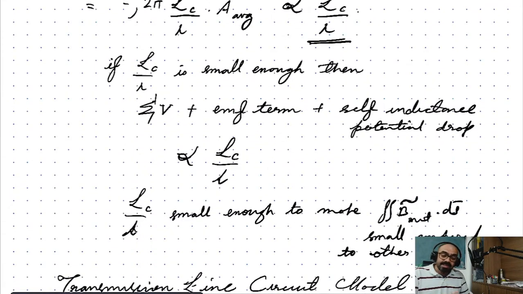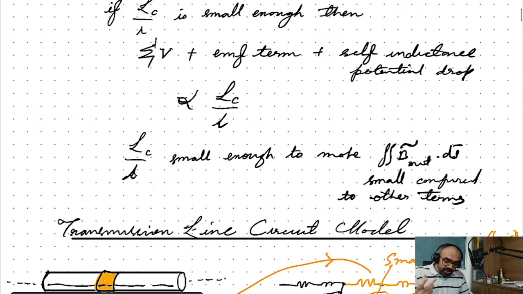If you manage to make the circumference of the loop small enough so that LC by lambda into the A average, that entire term becomes smaller than the individual terms in your voltage addition, then we can see that this mutual inductance term can be neglected.